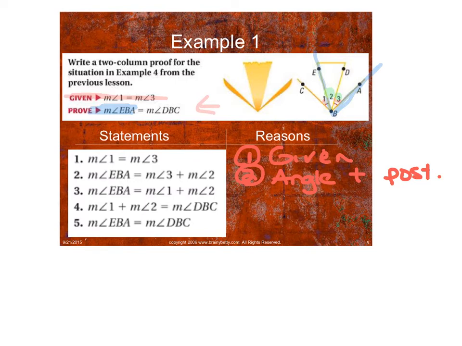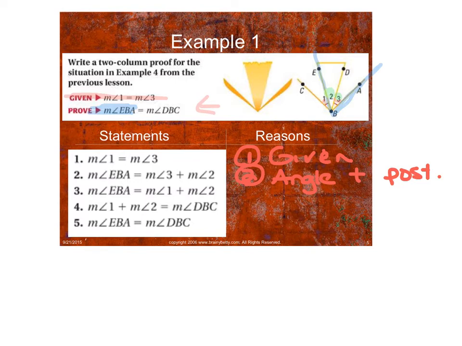Now, in this next statement, we can see there are some similar things there. What do you think they did from statement 2 to 3? What changed? They substituted the 3 for the 1.